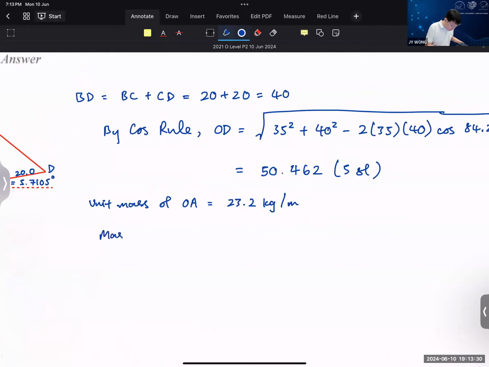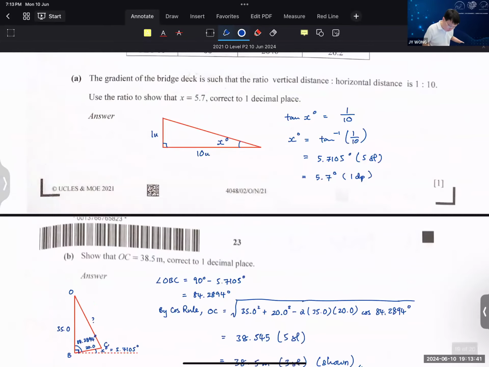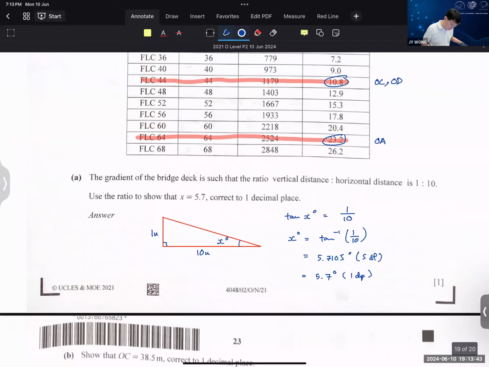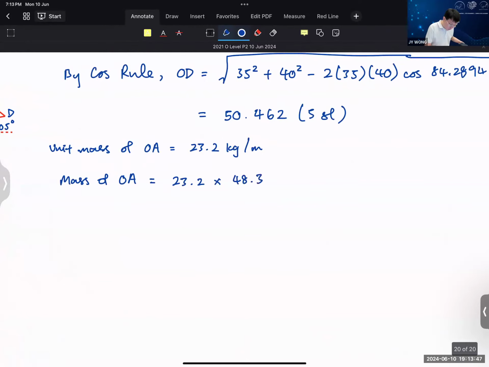So mass of OA is equal to 23.2 kg times the distance of OA. And what is the distance of OA? Distance of OA is 48.3 given in the table. That's why you all must know how to read the tables and understand what information is given in the tables. They don't give you the information for fun.